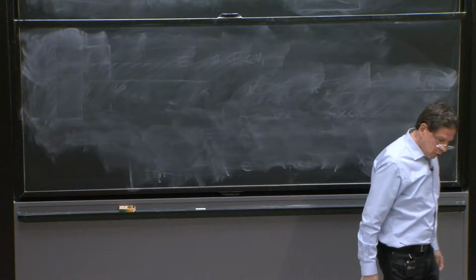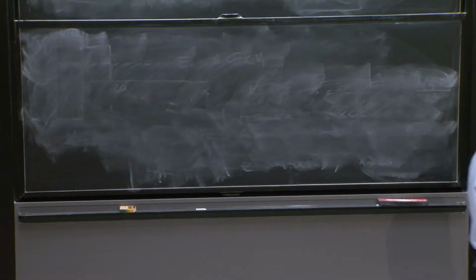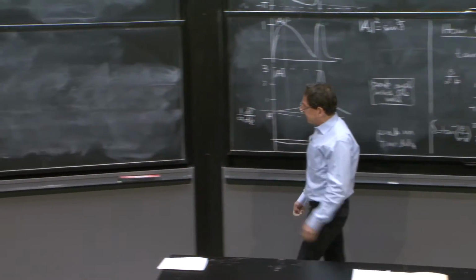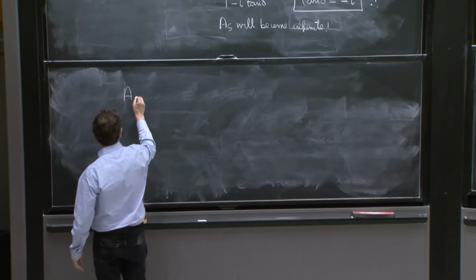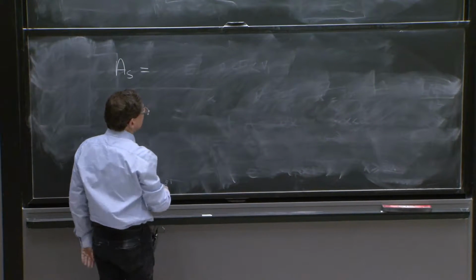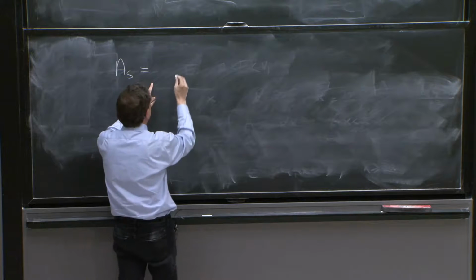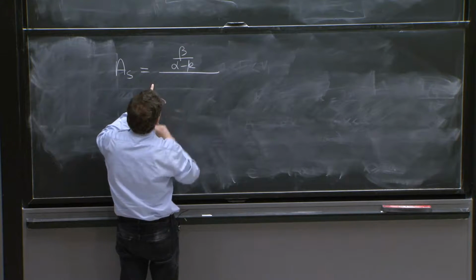So what I will do is look, we've modeled a resonance here, tan delta. So let's look at what A_S does. We have it there. A_S is tan delta over 1 minus i tan delta. Well, tan delta, we had it on the middle blackboard, is beta over alpha minus k.